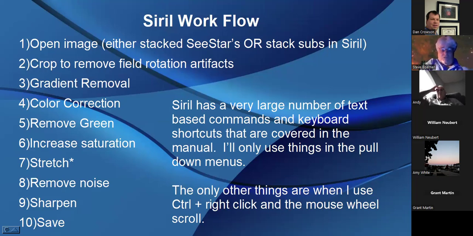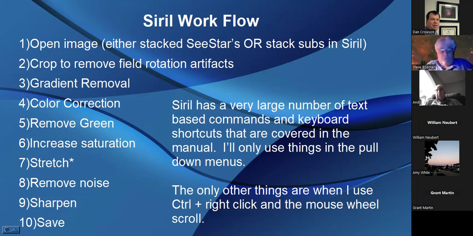It's easier when it comes from Seestar, but better when it comes from Siril, because I can look at those individual frames and say, oh, that one has an airplane going through it, or a cloud or something like that. And I can take those out. If I stack them in Siril, I don't have to include those frames, whereas Seestar might.